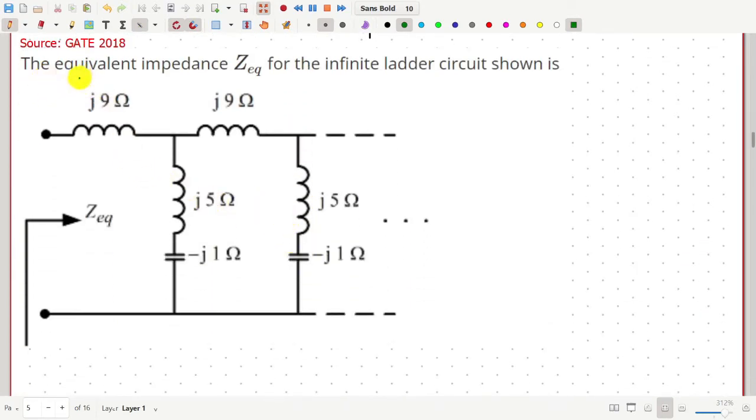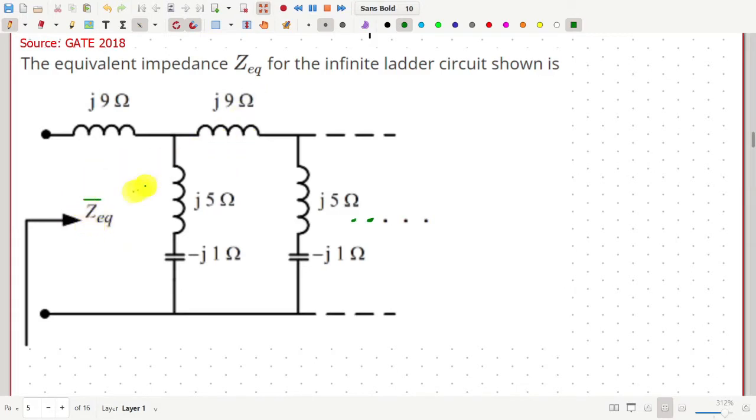We have to find the equivalent impedance ZEQ for this infinite ladder circuit. We have this infinite circuit continuing forever, and we have to find the impedance ZEQ as seen from here. You can call it ZEQ bar to represent a complex number.